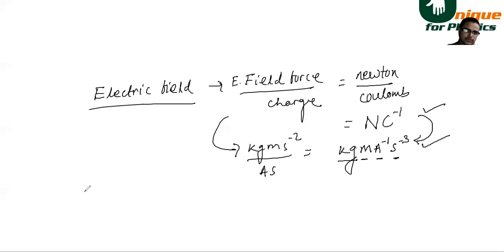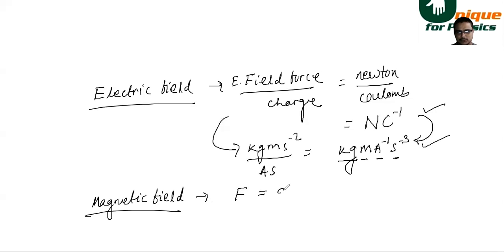In the same way you can write it for magnetic field. There are formulas for magnetic field. One formula is the Lorentz force. So force can be written as QVB. I'm just writing to understand it dimensionally. F is equal to QVB, where F is the force, Q is the charge, V is the velocity, and B is the magnetic field.